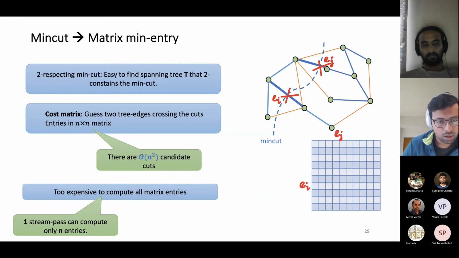This is off topic for today, but the same problem appears also in the streaming model. There, in one pass of the streaming, we can compute n entries of it. But if you want to do n square many entries with a naive search, then you need n many passes, which is way too expensive.